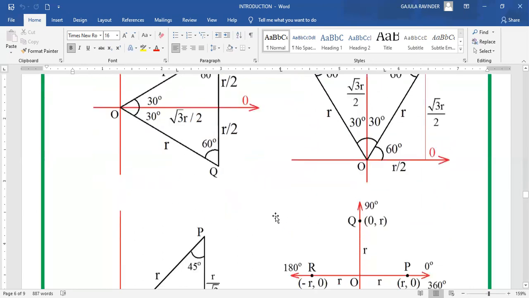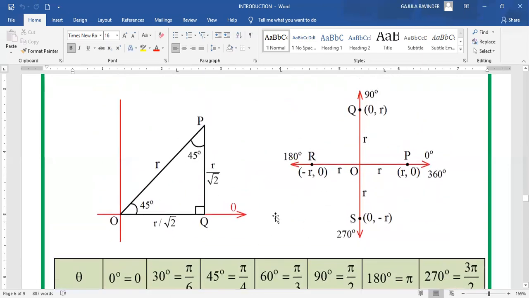No issue. But for 45 degrees, dear friends, you have to take one triangle like this, where this is 45 degrees. And when this is the terminal ray of 45 degrees, this perpendicular will also make 45 degrees with this OP. So this is the construction for an isosceles right angle triangle, where hypotenuse is R, so that sides will be taken as R by root 2, R by root 2.